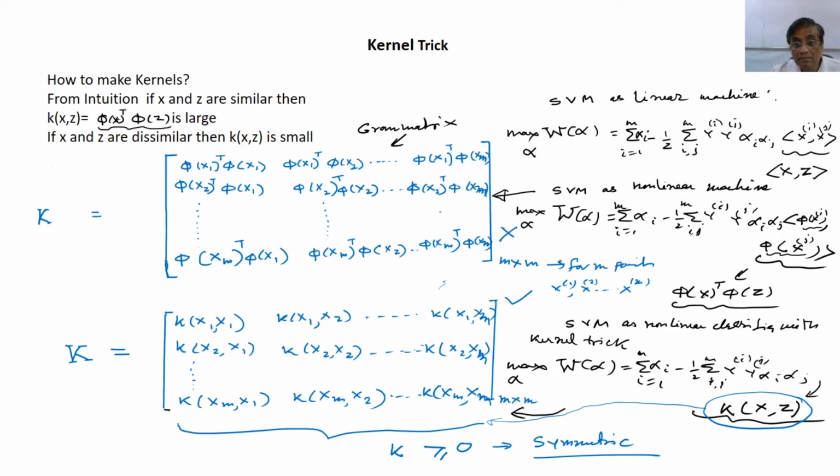But if you can show that this matrix is symmetric and positive semi-definite. Positive semi-definite means the eigenvalues of this matrix, eigenvalue lambda, otherwise there will be misconception, the lambda i's will be greater than or equal to 0.